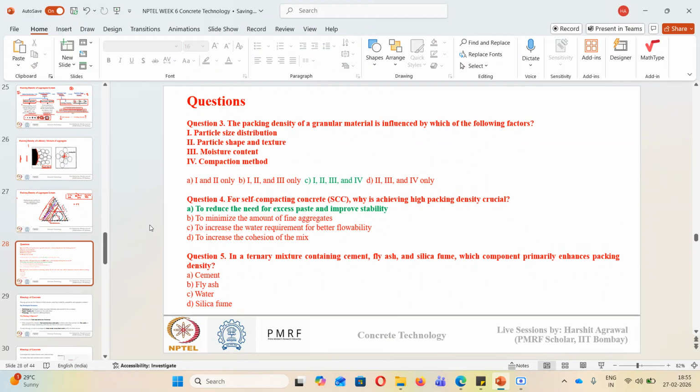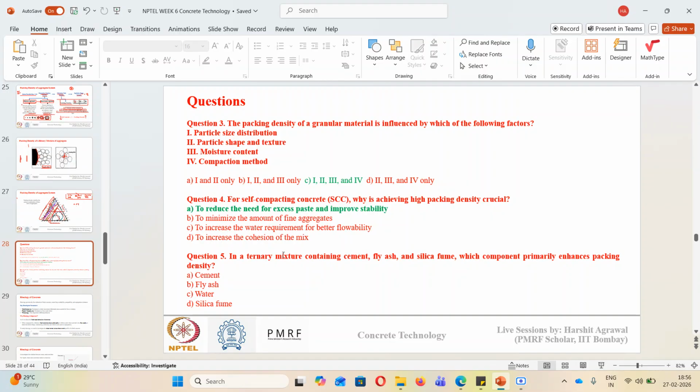So why is high packing density crucial for a self compacting concrete? It is to reduce the need for excessive paste. And if we reduce the need for excess paste, it will lead to better stability, lower shrinkage, and improved durability of concrete.